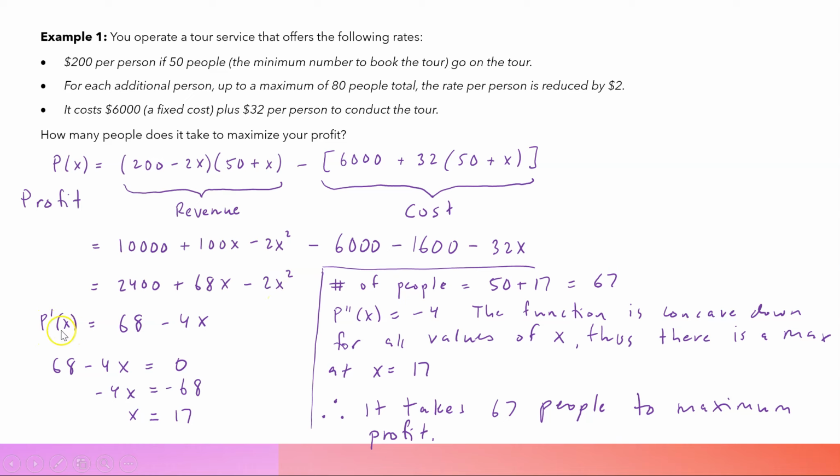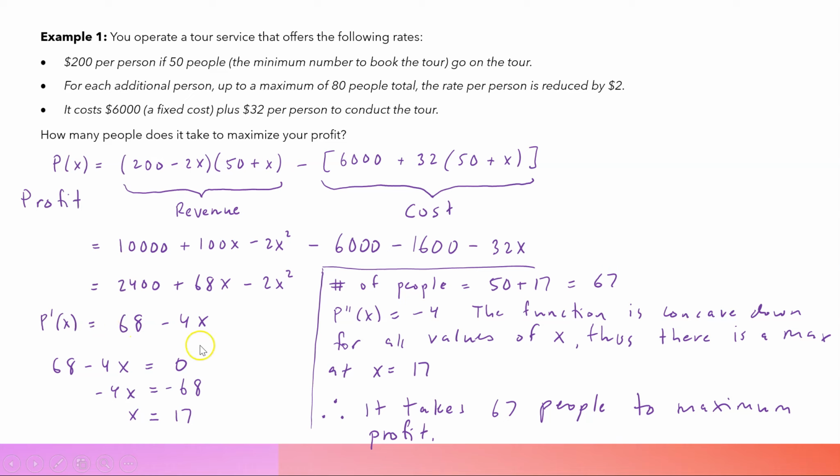Now differentiating the profit function gives us 68 minus 4x, so this function here. So this is the change in the profit with respect to x, or the number of additional people on top of the 50 people.